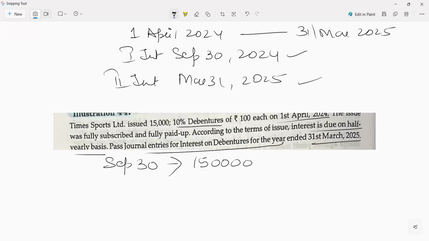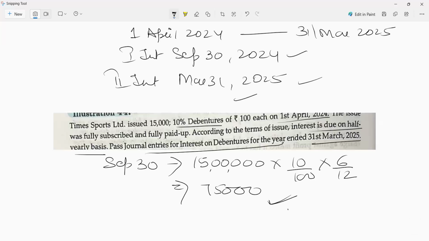It will be 15 lakhs, multiplied by 10% debentures, and we have to calculate it for 6 months. So it will be 75,000. So 75,000 is the interest on debentures for both the half years. Like for September 30th, we are going to pay this interest, and on March 31st also we are going to pay this interest.